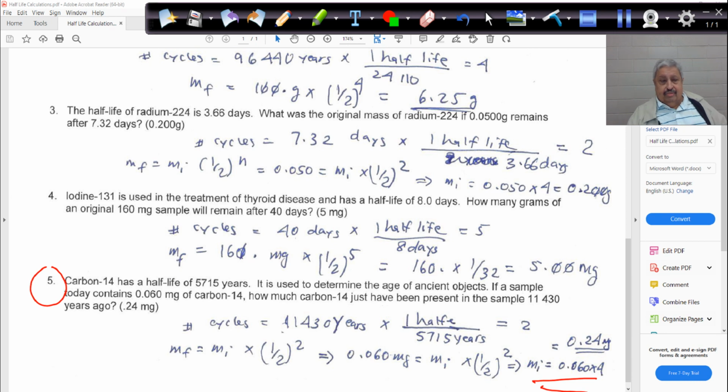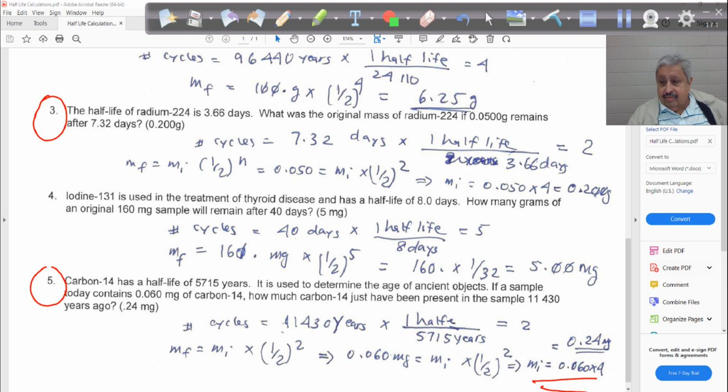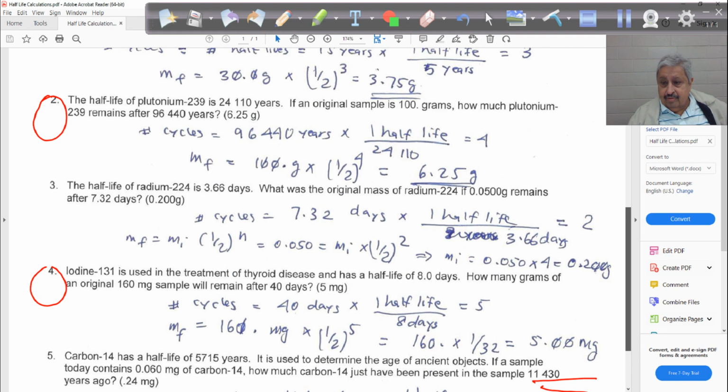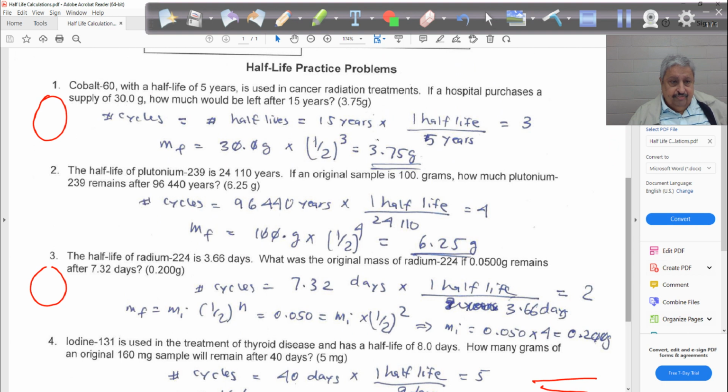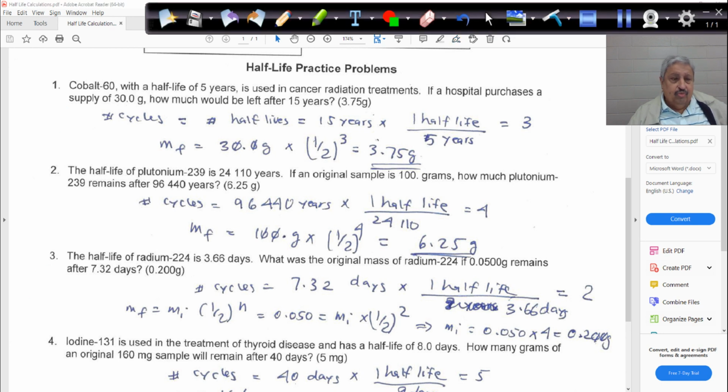And 3 and 5 are the same; they are asking for the initial, correct? So 3 and 5 are initial. Then 1, 2 and 4 are asking for the final. So let's take whatever you like, anyone. This worksheet, I did work it for you, as I said. So let's look at this.